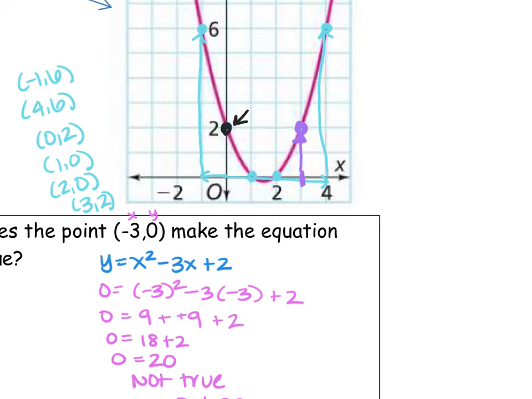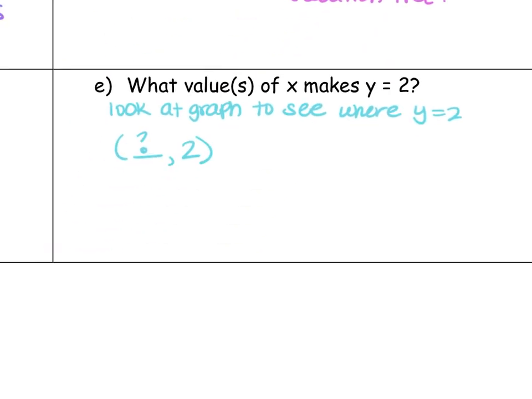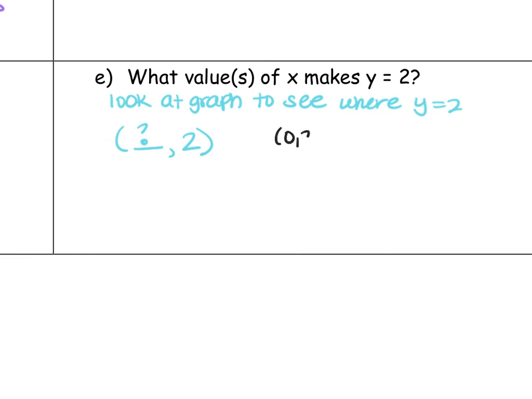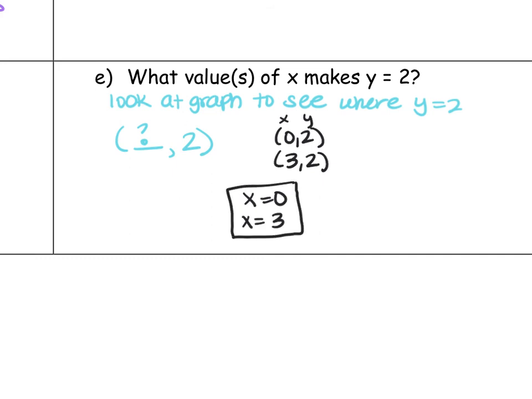This point here has a y coordinate of 2. But also, this point has a y coordinate of 2. So this is (0, 2), and this is (3, 2). These are the x values, these are the y values. So the x values that make y equal to 2 are x equals 0 and x equals 3.